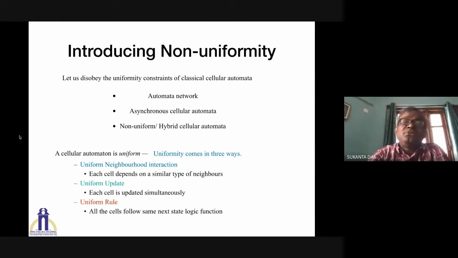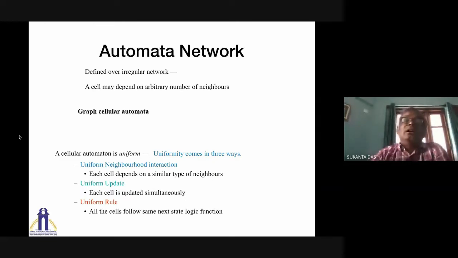So let me briefly talk about automata network. One more piece of information you can find in the classical definition of CA is the lattice. The lattice is also very regular and uniform, like a grid.